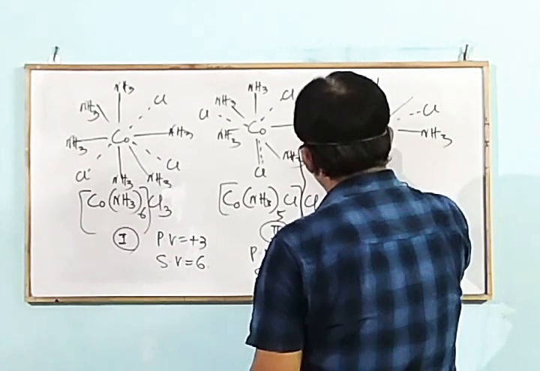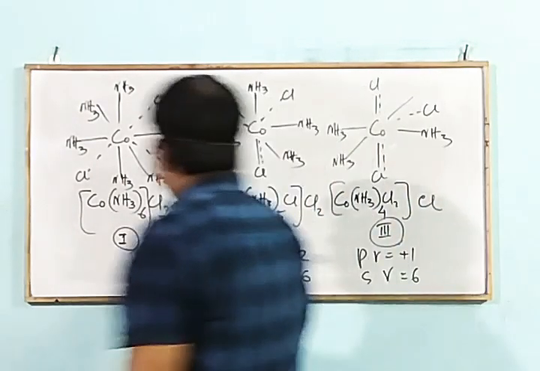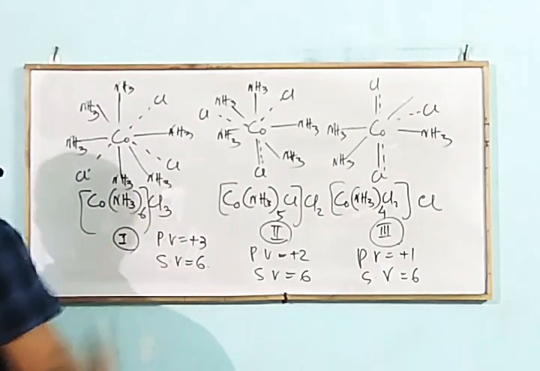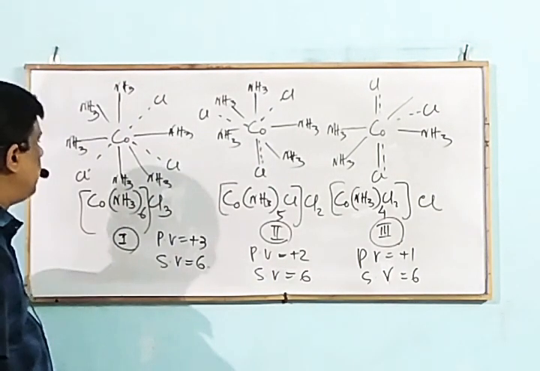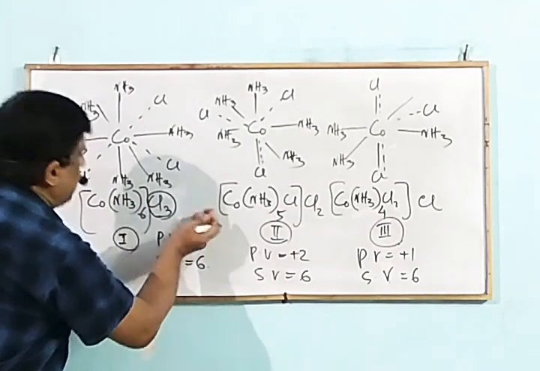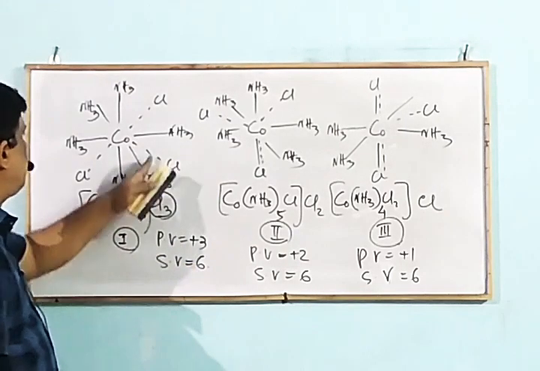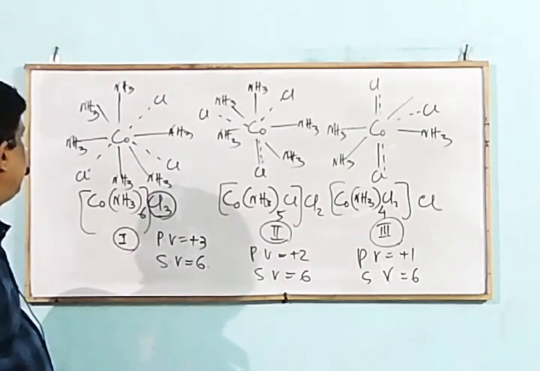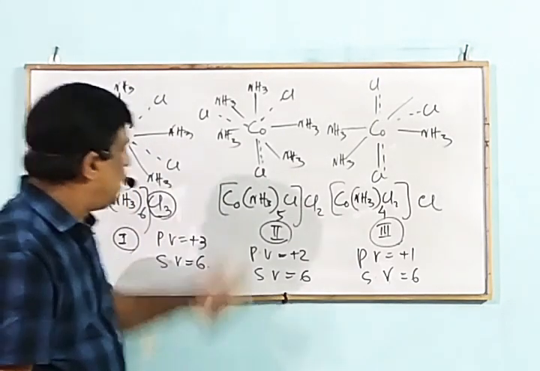Mark that in the structure here, 6 ammonia molecules behave as the coordination number, representing secondary valency by 6 solid lines, while 3 chlorine atoms present around the ionizable part represent the oxidation number, which is the 3 dotted lines. But here what happened?